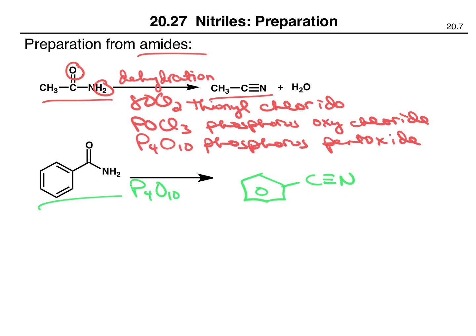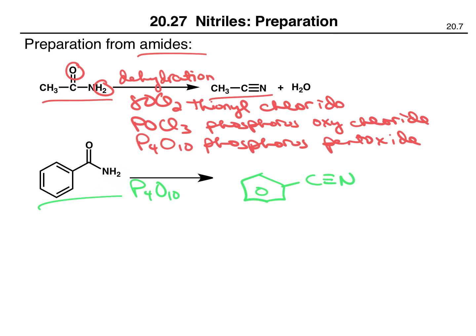Although notice one limitation is that it has to be a primary amide, so a C double bond O NH2, not something with a C double bond O NR. It has to be a primary amide where the nitrogen is connected to two hydrogens, because we can lose H2O with a dehydrating agent, but we cannot lose an alkyl group if it's connected to the nitrogen.